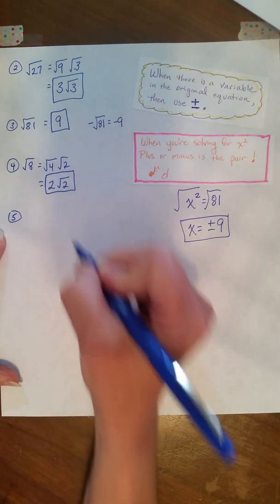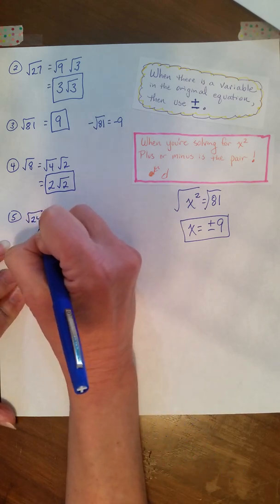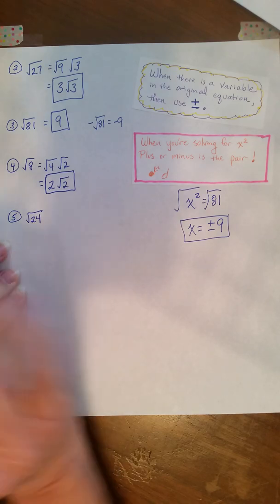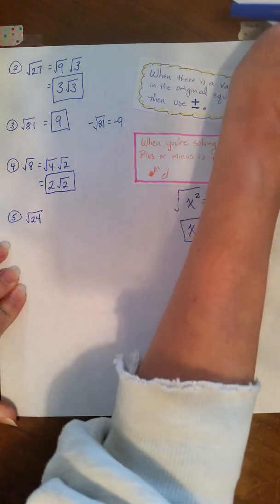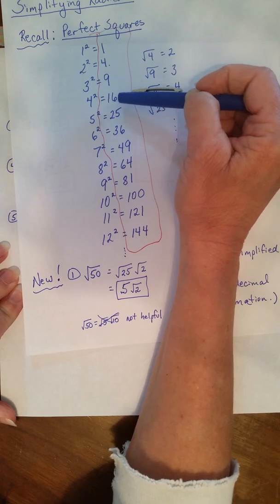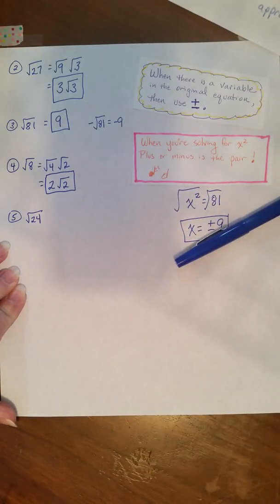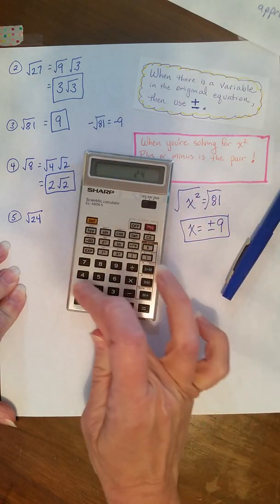Okay, number 5. The square root of 24. Now I'm going to approach this one differently, because this might be working for you, where you look at 24 and figure out what it is divisible by. Is 24 divisible by 16? 24 divided by 16?